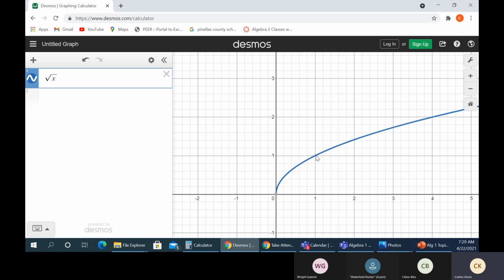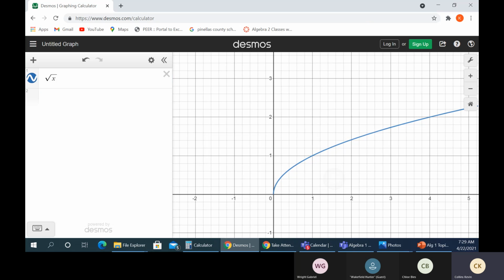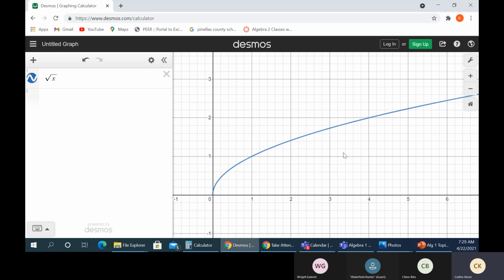As you can see here, we're at 1, 1. And then when we go to 4 and take the square root of 4, we get y equals 2. That guy right there.